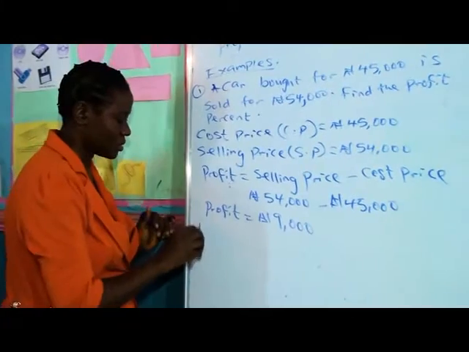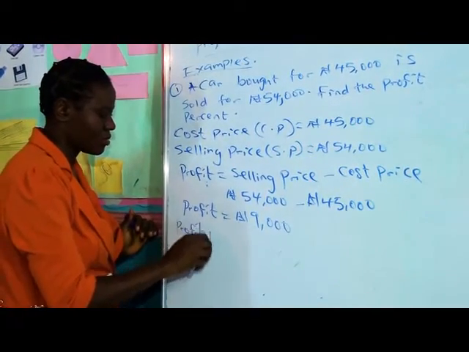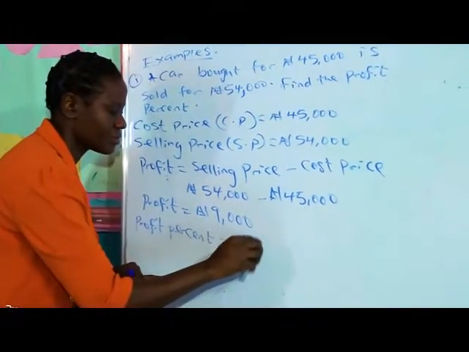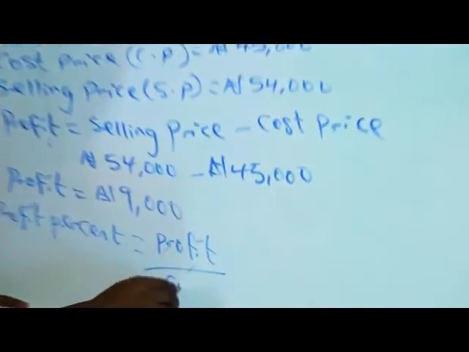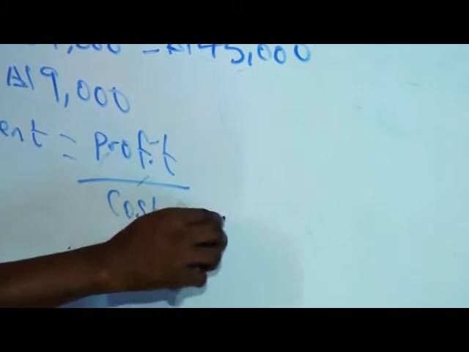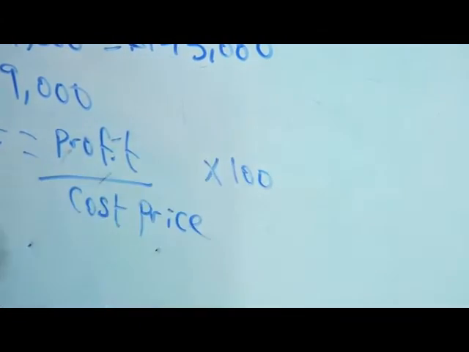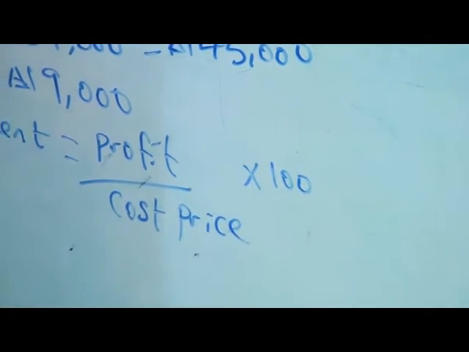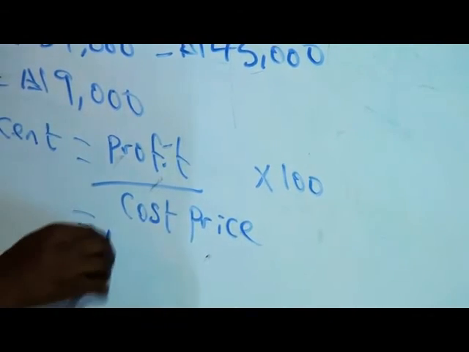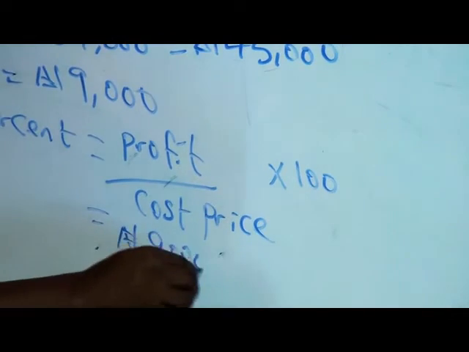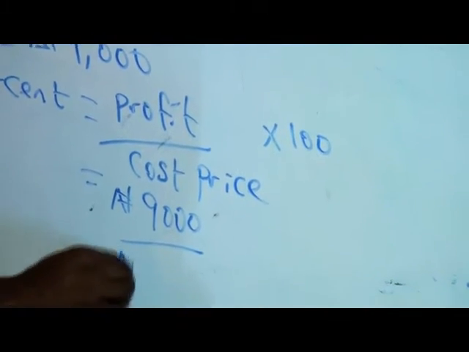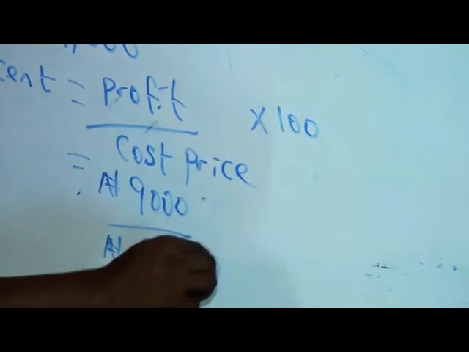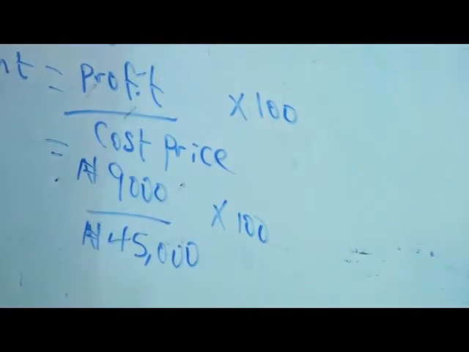Profit percent would now be the profit over the cost price times 100. The profit is 9,000 naira, the cost price is 45,000 naira, times 100.